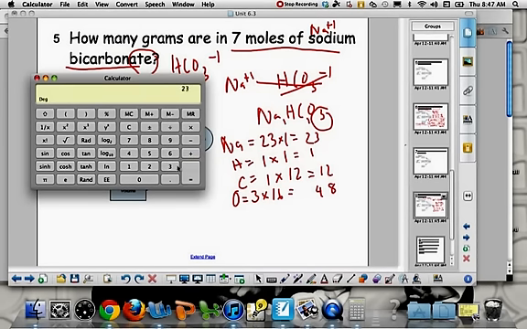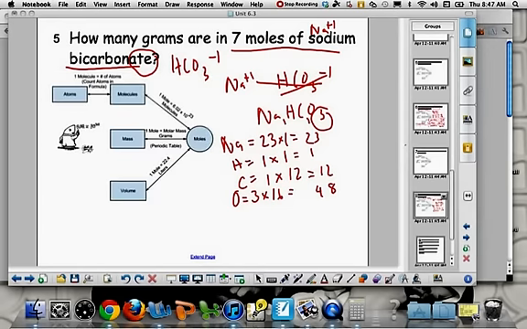I have 23 for my sodium, plus 1 for my hydrogen, plus 12 for my carbon, plus 48 for my 3 oxygen atoms. That gives me a total of 84 grams. So 1 mole of this is equal to 84 grams. That's going to be my conversion factor.